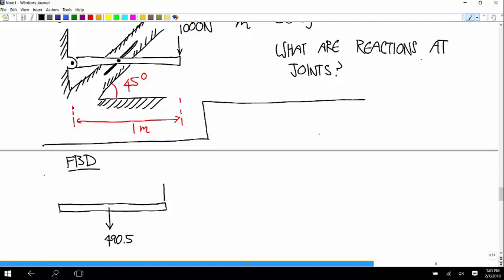And then there's the 1,000 Newton force over here. At the left end is a pin joint. So what kind of loads are applied by a pin joint? Yeah, all translation is stopped, but it can still rotate. So this is an unknown force vector. So I'll call that R.